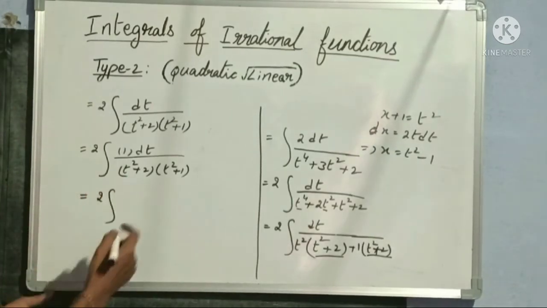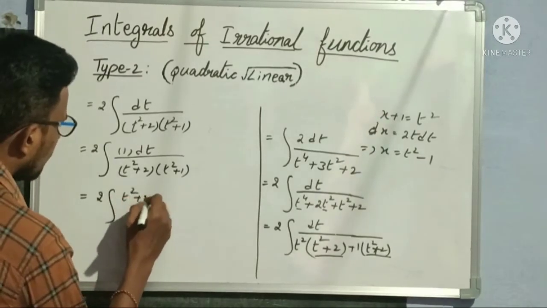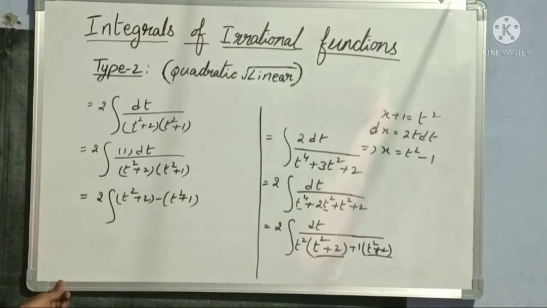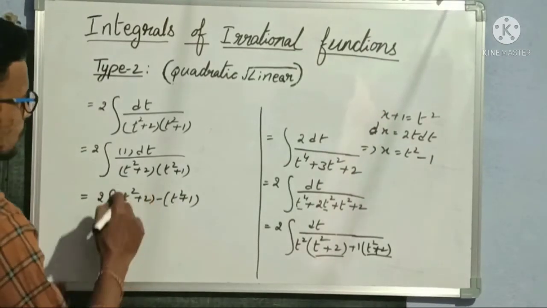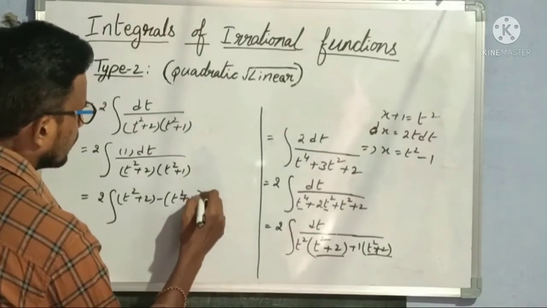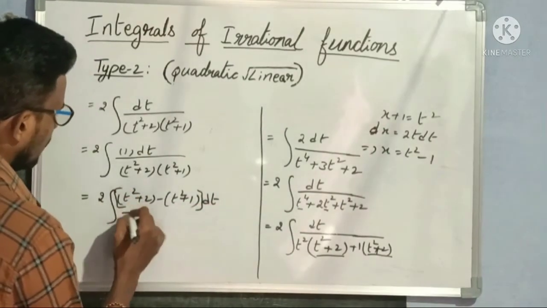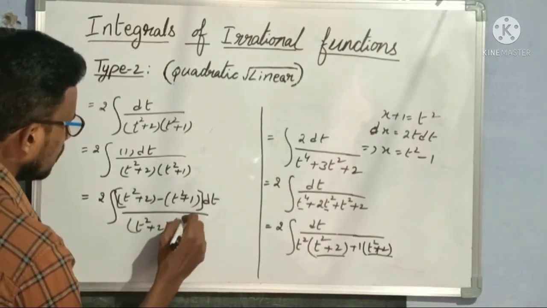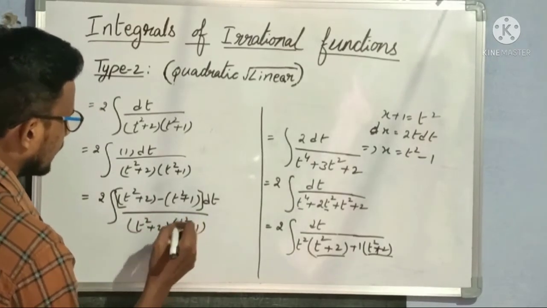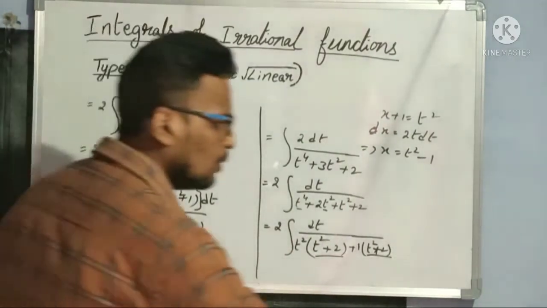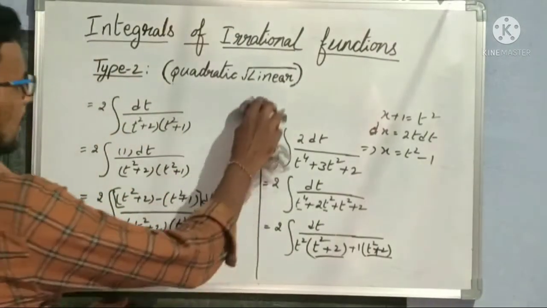I will write t square plus 2 minus t square plus 1. See here, t square minus t square gets cancelled, 2 minus 1 is 1, that remains. So I can write it like that, divided by t square plus 2 into t square plus 1. This is what I wanted to do. Understood everybody? Now let us split and find the final answer.